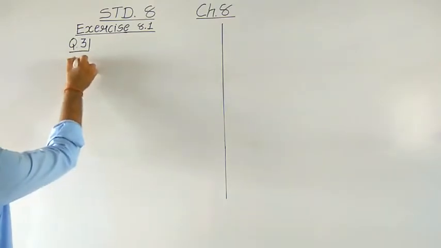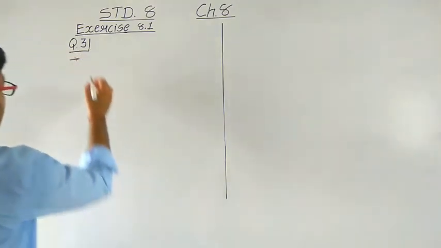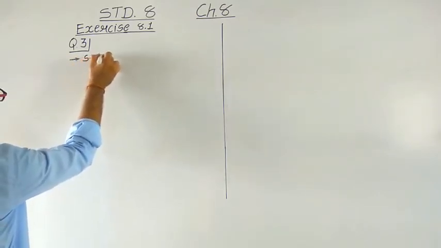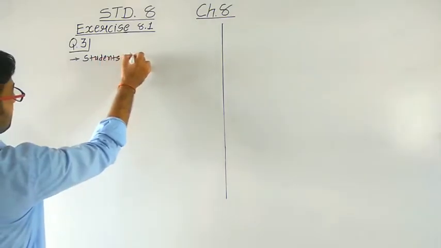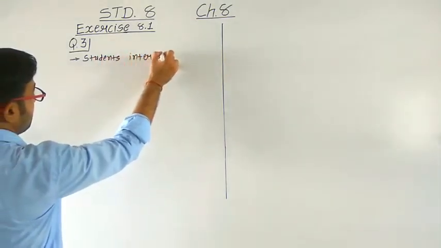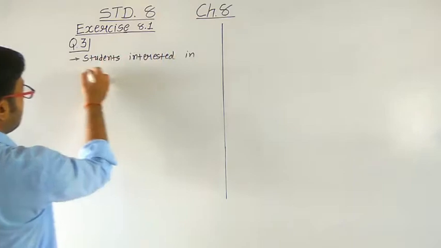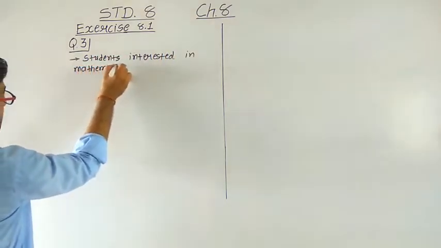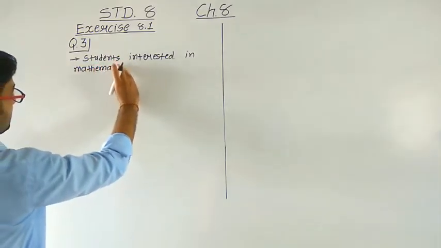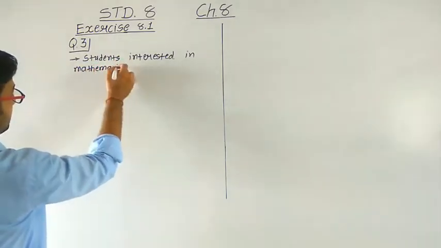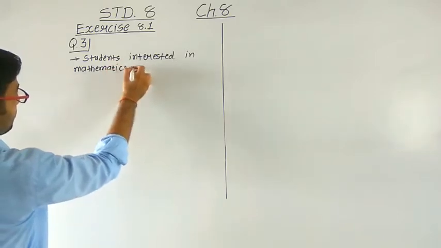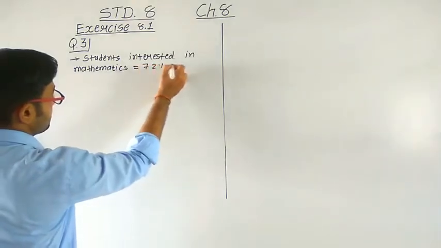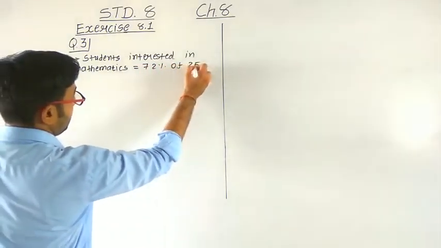The first thing we are given is 72%. Now the students interested in mathematics is equal to 72% of 25.